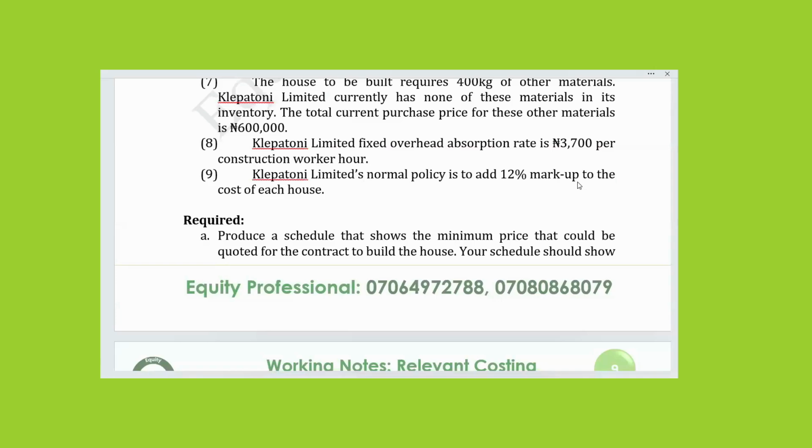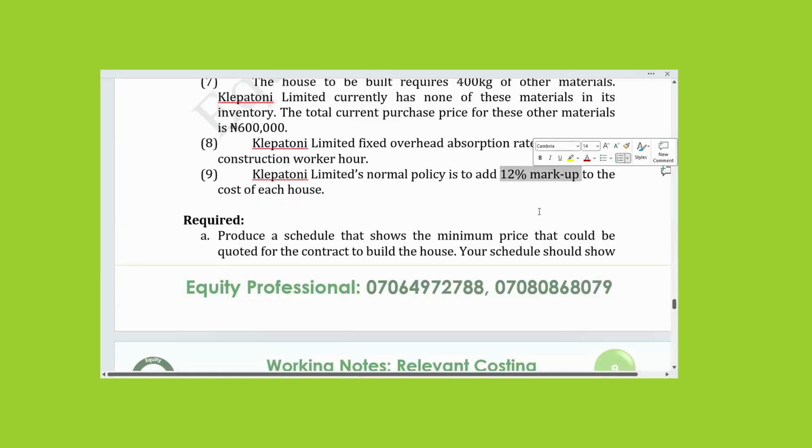When you want to determine profit on revenue or on sale, that is called margin, right? So this 12%, is it relevant or irrelevant? Profit of 12% on cost, relevant or irrelevant? If you know it, raise your hand. How do we treat it? Yes. Or am I on my own?